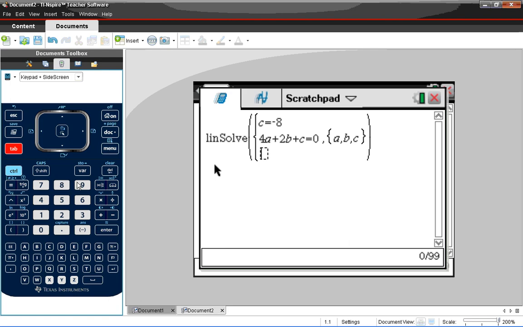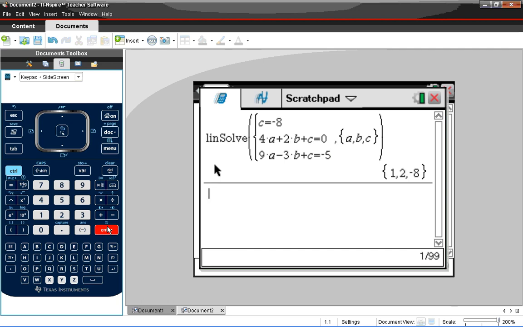And finally, I've got 9a minus 3b plus c equals -5. So those were the equations that we had in our table. We hit enter, and so we get 1, 2, and -8. Those are the values for A, B, and C.